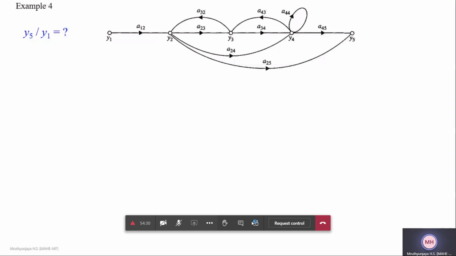Into the next problem. Find out y5 by y1. Come on, do it.